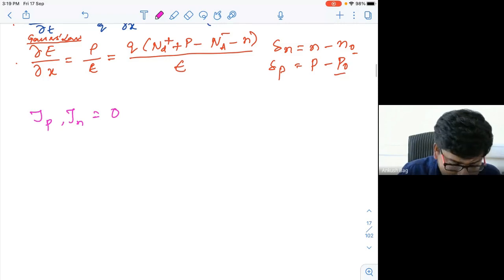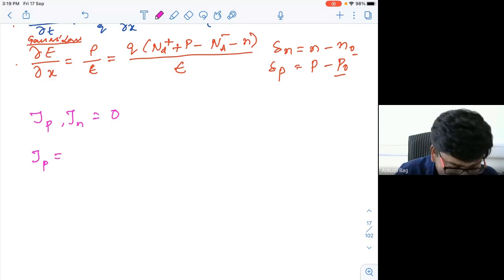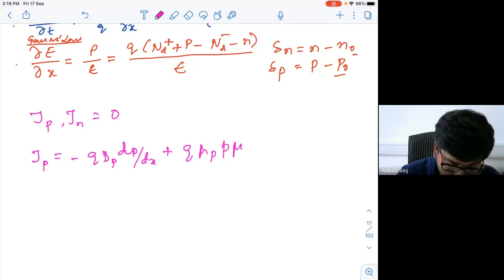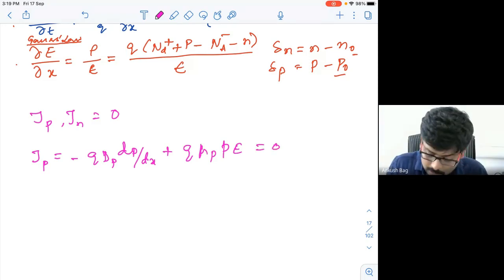Now if we consider Jp, the current density for holes, equal to 0, we can write the current density for hole equation as Q D_p dp/dx plus Q mu_p p times electric field, which equals 0.